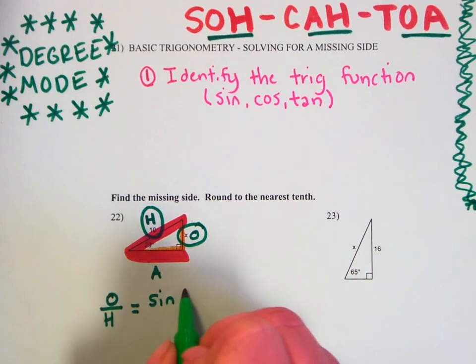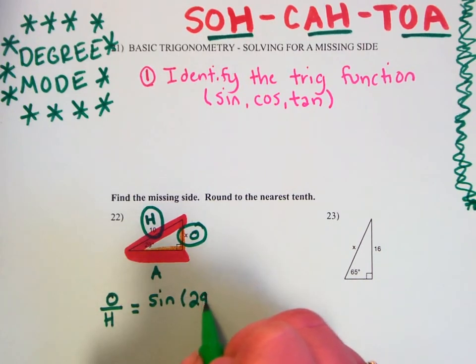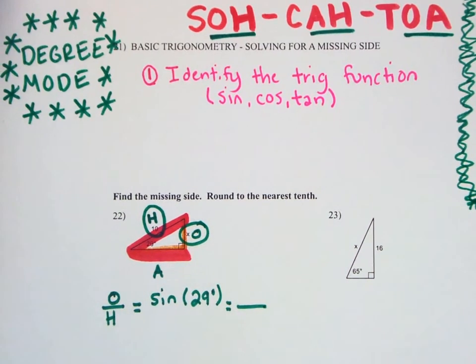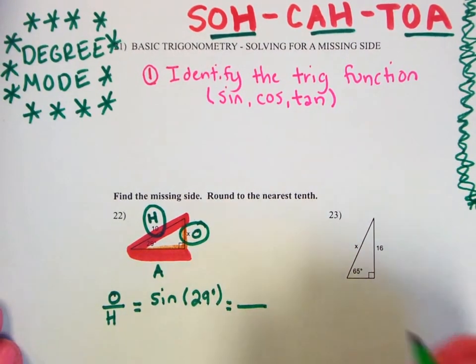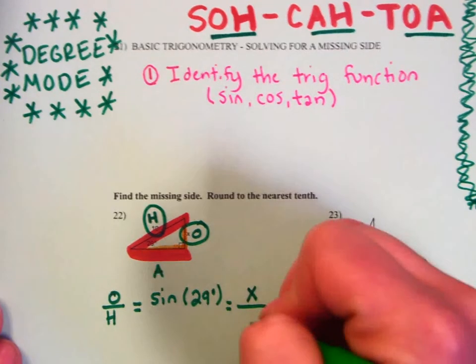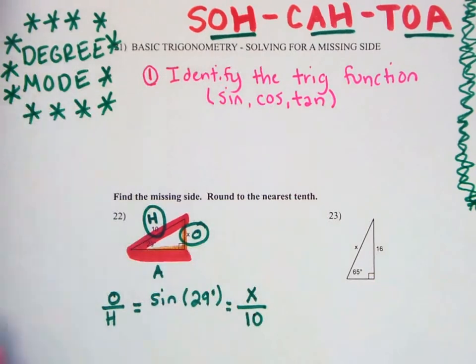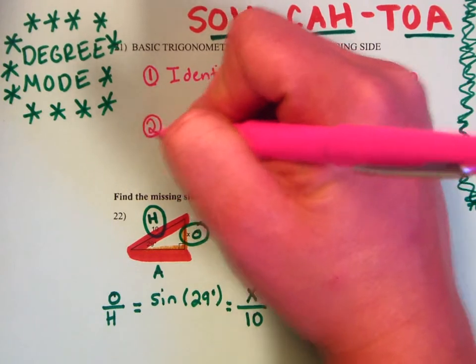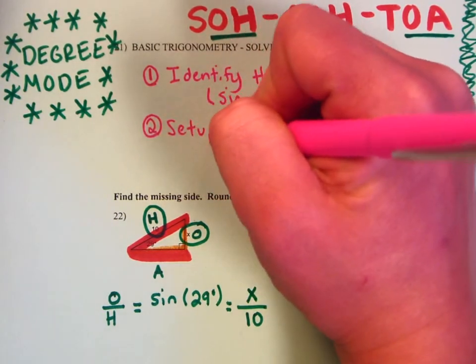We know our angle in question is 29 degrees. What is our opposite in this problem? X. And what is our hypotenuse? 10. Very good. So our next step, the easiest way to solve this is to set up a what?